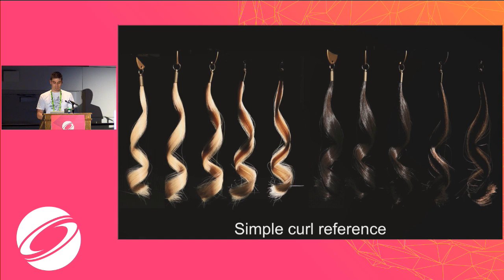Before we start any work like this, we like to get a ton of photo reference so that we can compare our results to vet any of our assumptions and final art, as well as the algorithm as it's in development. So this was some simple curl reference to get a bunch of different color samples from hair. These are human hair extensions that we purchased.